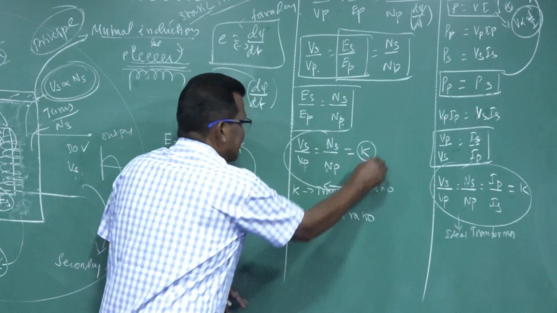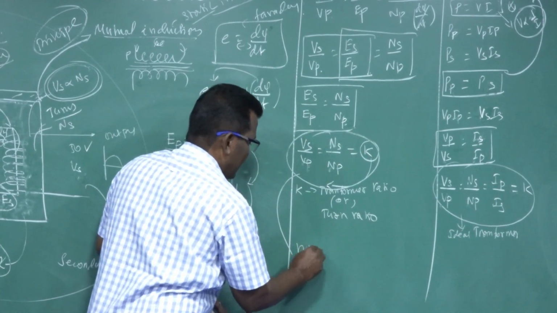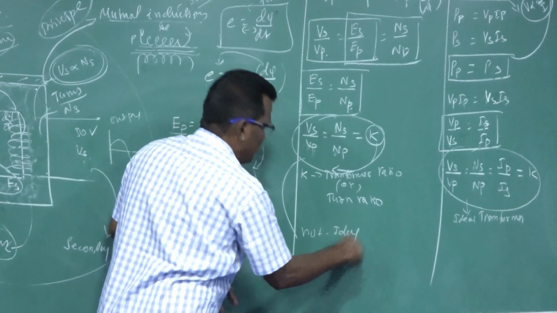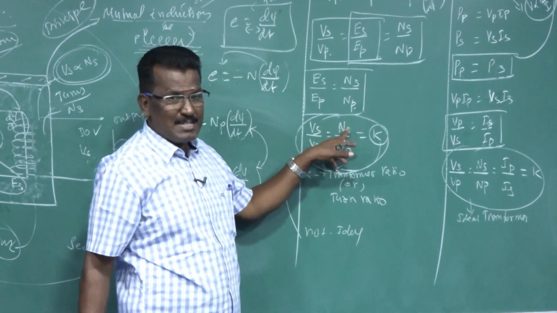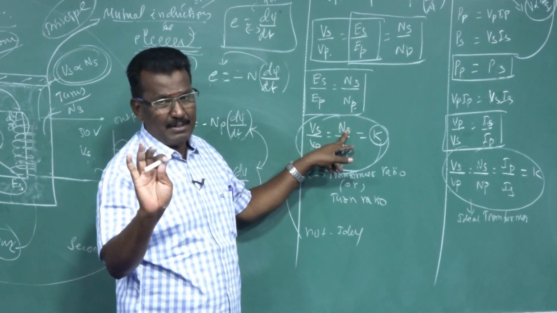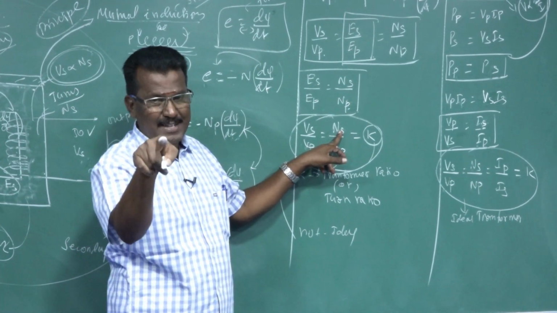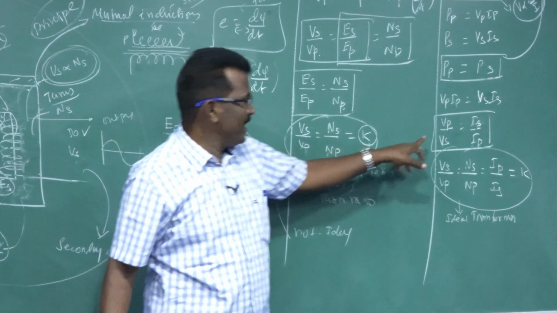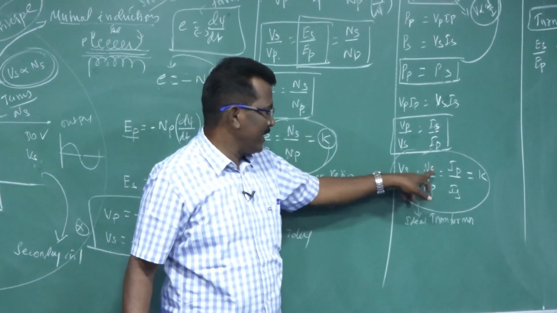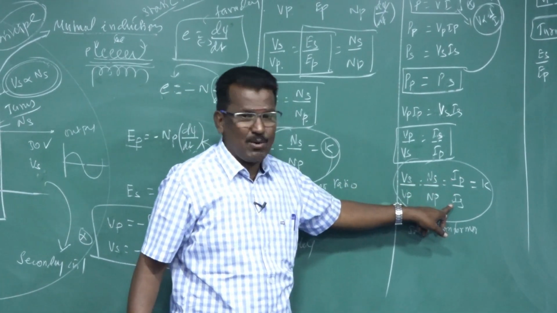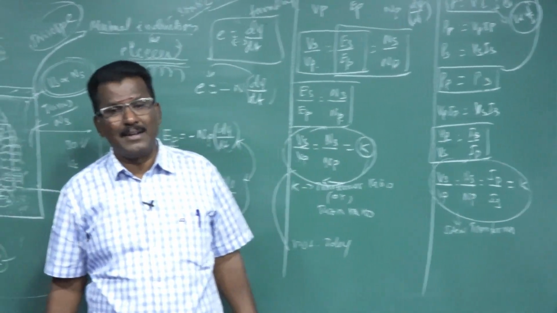But this is not ideal, so we cannot say Vs by Vp is equal to Ns by Np. Only ideal we should compare. There the voltage is greater, the current is lesser. So Vs by Vp is equal to Ns by Np is equal to Ip by Is is equal to K. This is the turn ratio.